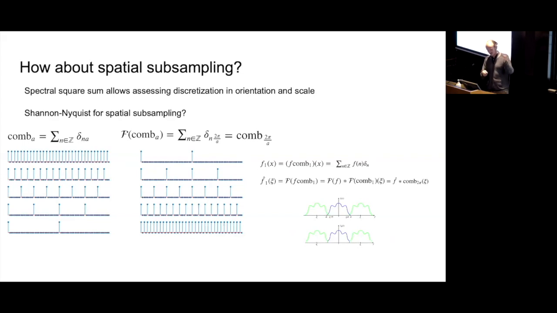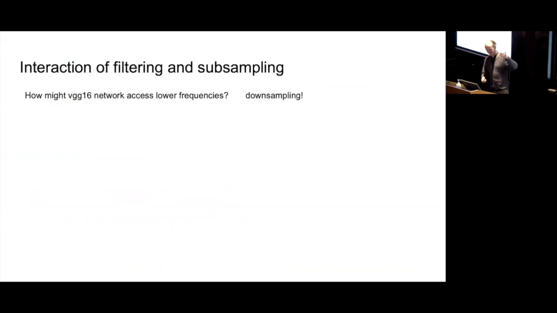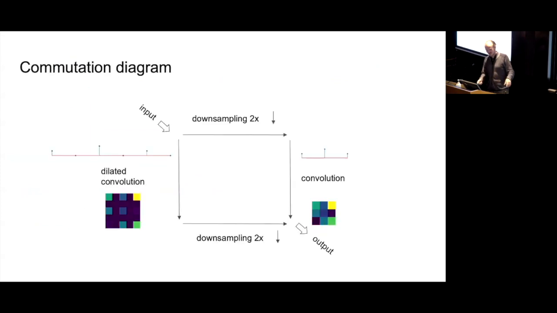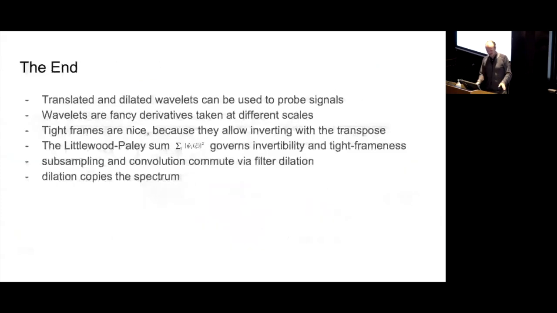So now I'm going to skip to my last slide to recap this. I was a lot slower than in my practices. Wavelets are translated and dilated to probe the signal.